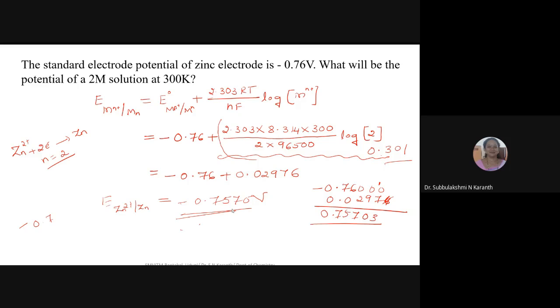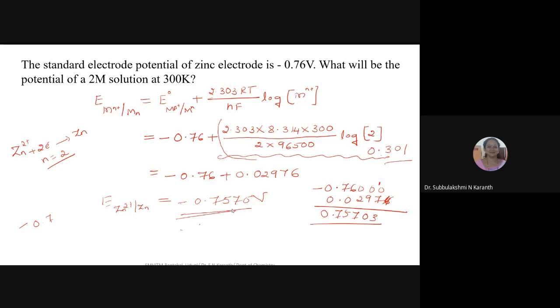This is the final correct answer: minus 0.7570 volt potential is developed. Next, I'll take the next problem. With both of these we have solved problems based on single electrode potential.